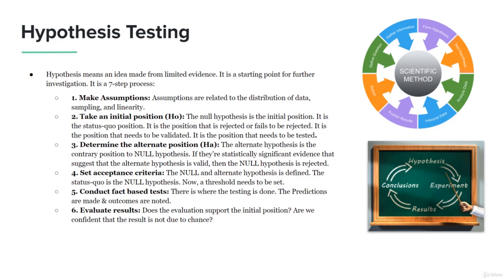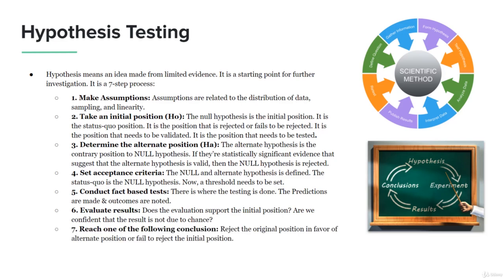Are we confident that the result is not due to chance, right? Very important to understand. And then finally, number 7 is to reach one of the following conclusions. We either reject the original position in favor of an alternate position, or we fail to reject the initial position that was there initially, right? So that's ultimately what hypothesis testing is really about.